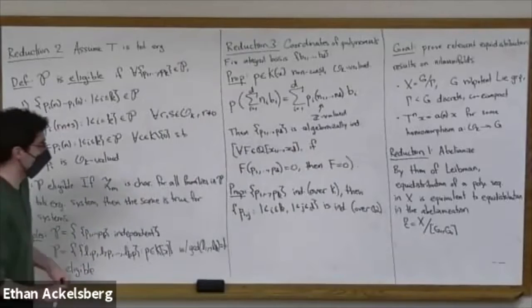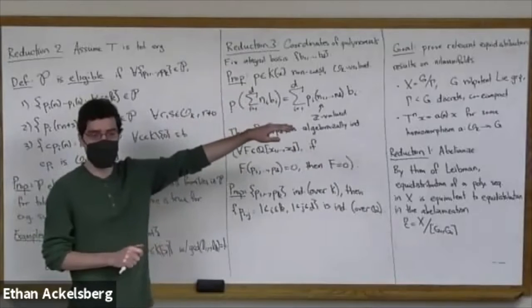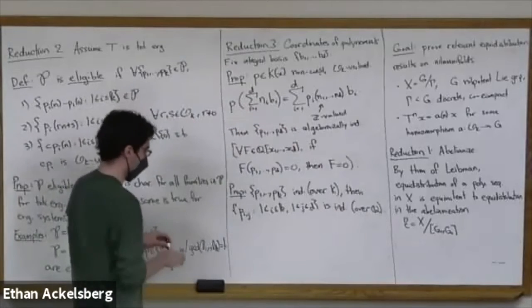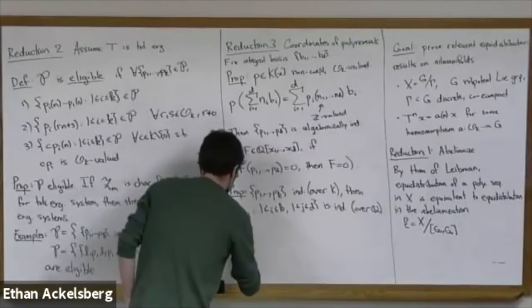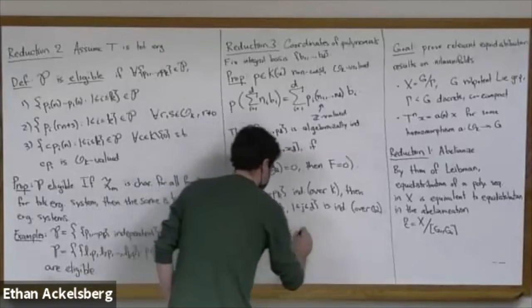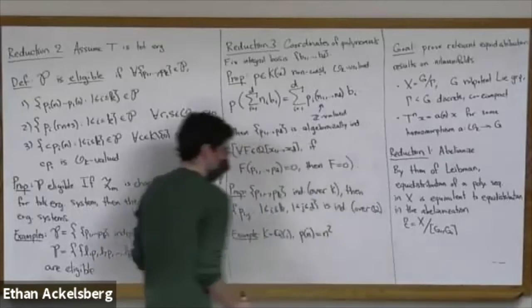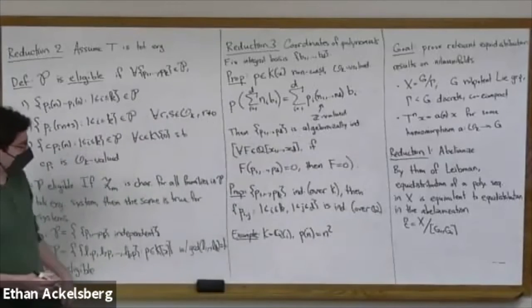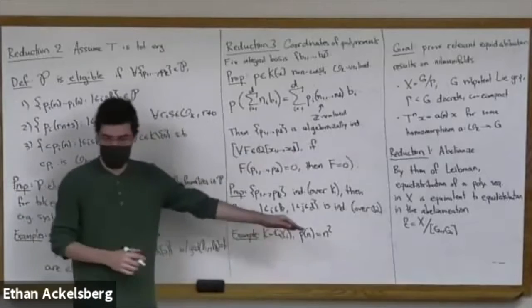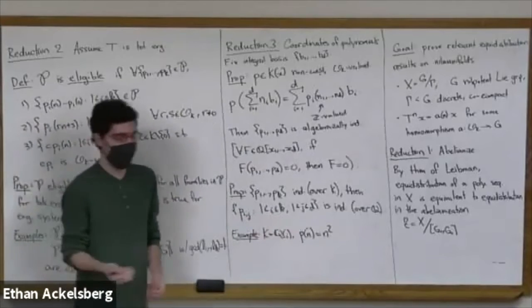So maybe let me at least give an example of what this coordinate thing looks like, because it can be a little bit strange at first. Let's take K to be Q adjoin i, and I'll take the polynomial n squared. Then our ring of integers is the Gaussian integers, so a natural basis to take would be 1 and i.